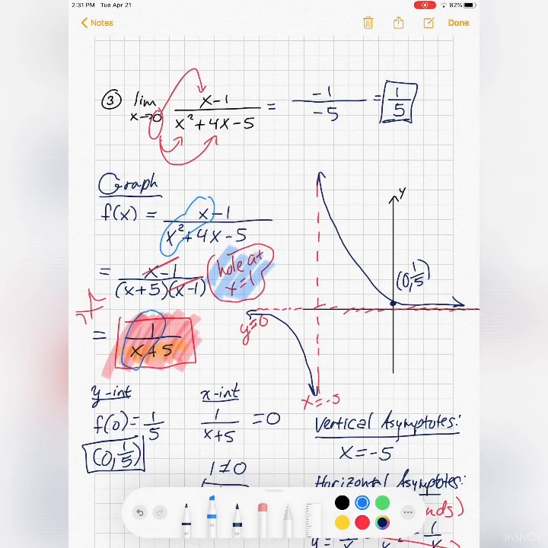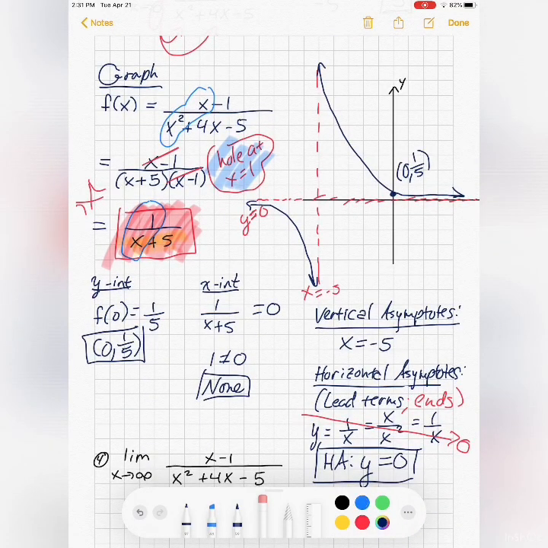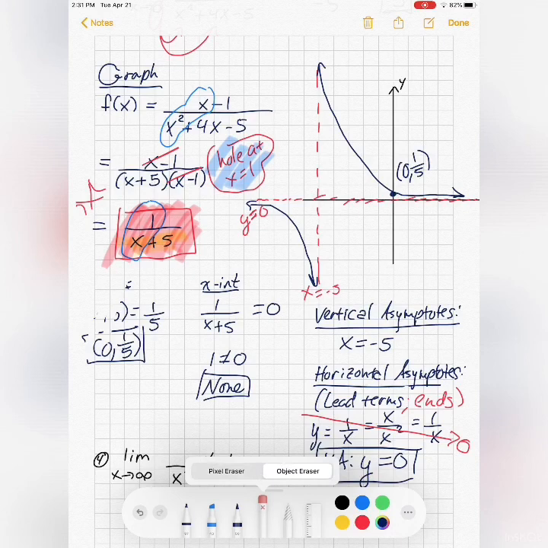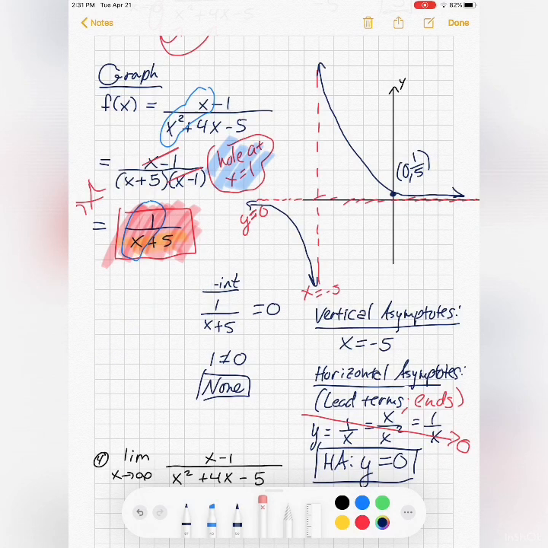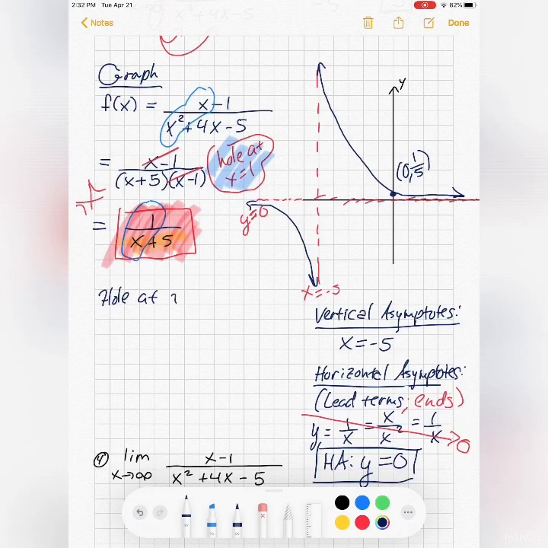Okay, so to account for the hole, I guess I'll clean up some of this. Okay, so the hole, we have to get the corresponding y value.